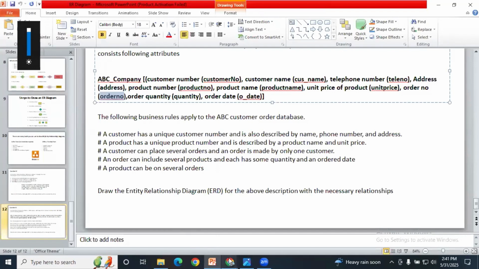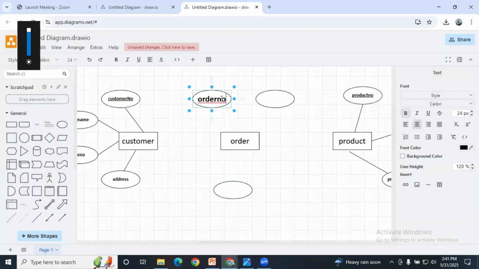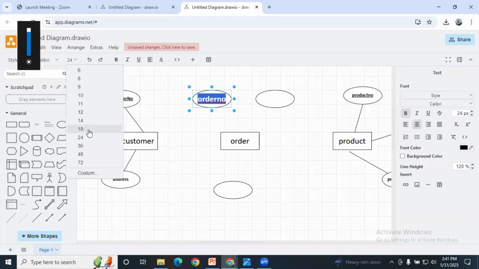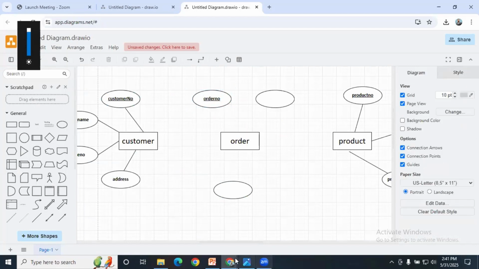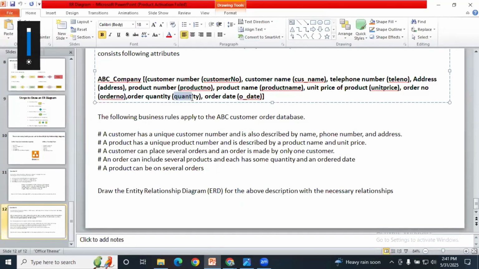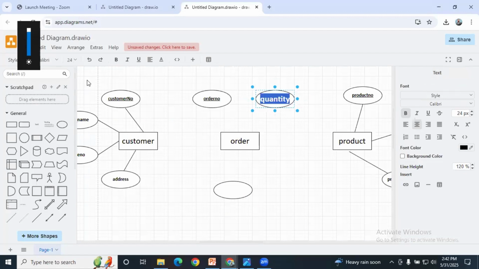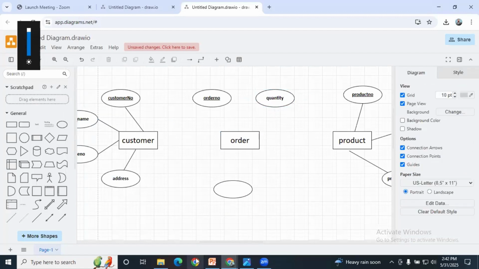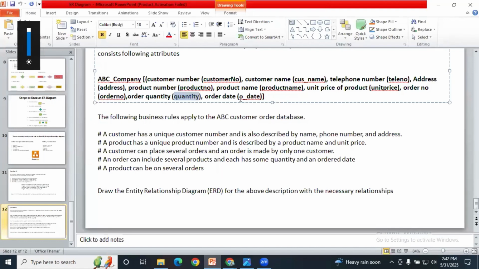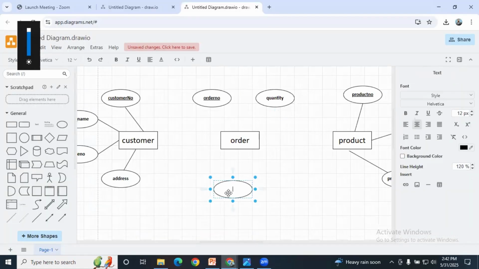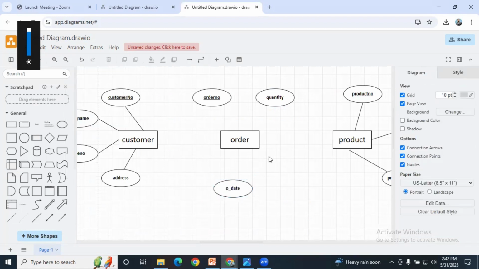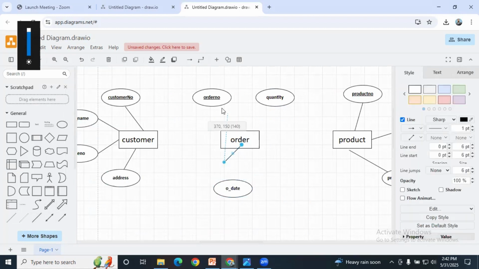Order number. It is unique, so assign it and underline it as a primary key. Order quantity is the next attribute for the order entity. The next thing is order date. Order date comes to here and assign it. Okay, and you want to assign those to the correct entity.